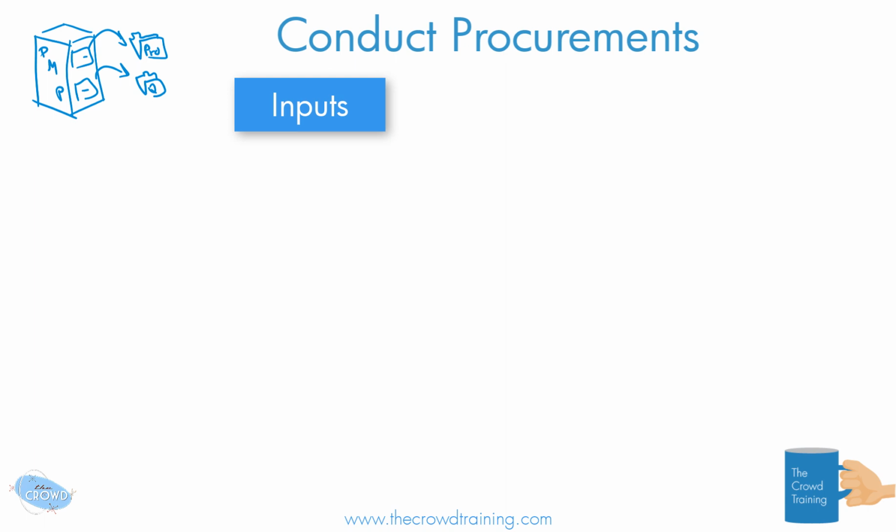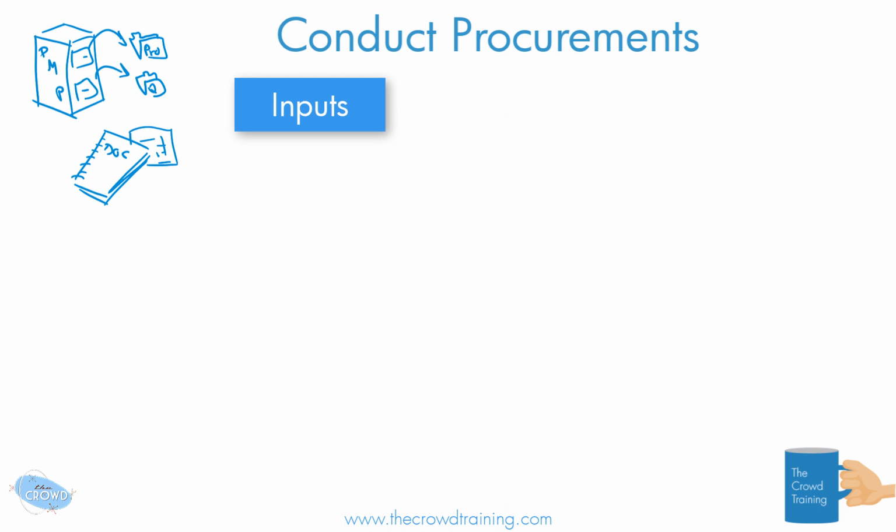Also, there are lots of different project documents that we are going to be using, and those could be lessons learned. They could be our risk management plan, or risk registers, even the schedule, right? When do we need to procure things, and when do we expect them, etc.